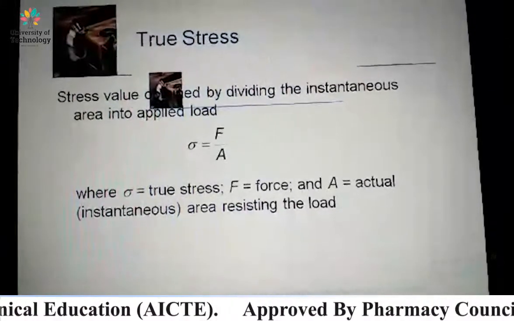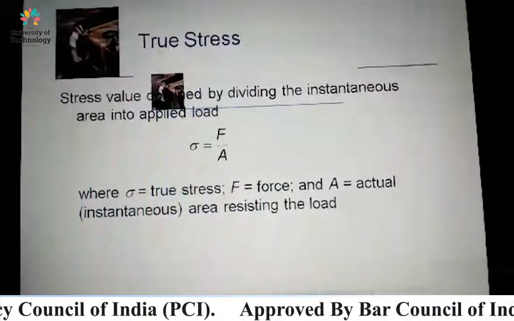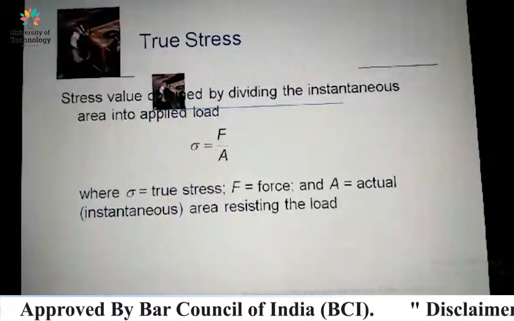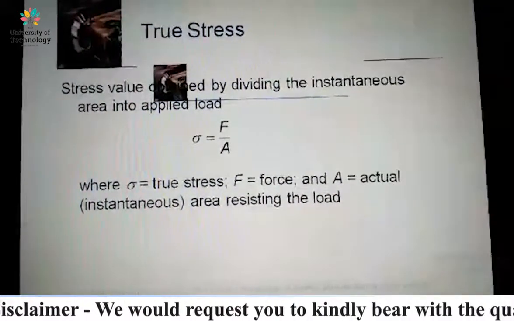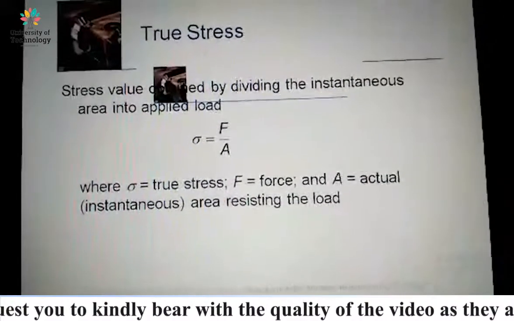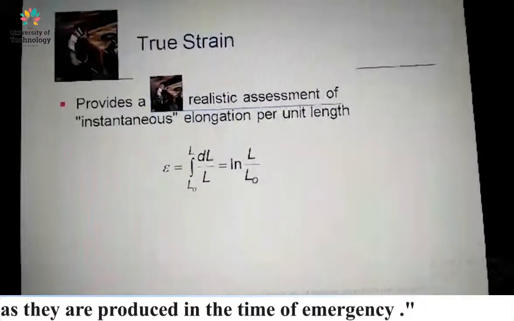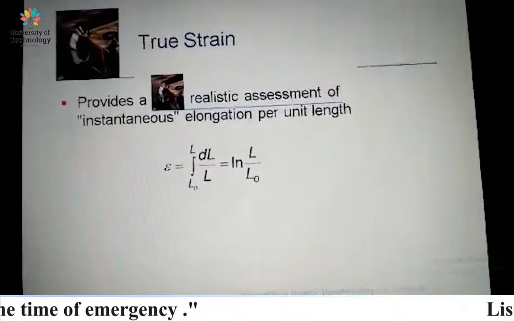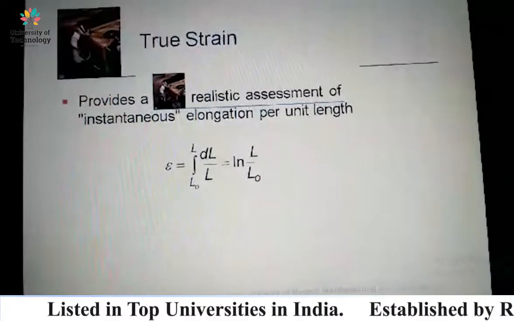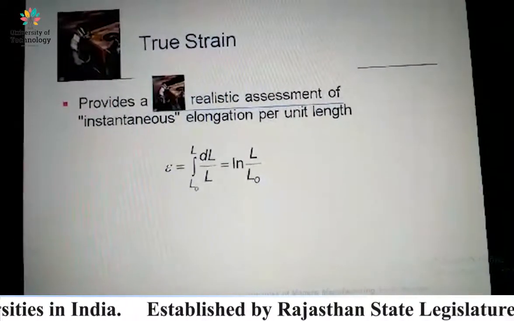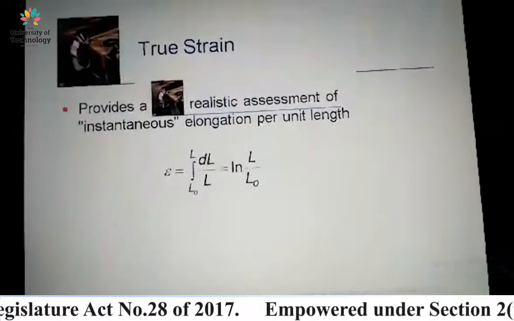True stress is the value obtained by dividing the applied load by the instantaneous area, sigma equals F upon A, where sigma is the true stress, F is the force, and A is the actual area resisting the load, right? True strain provides a realistic assessment of the instantaneous elongation per unit length, right? That is the integral from L naught to L of dL upon L, which is ln(L upon L naught), right?